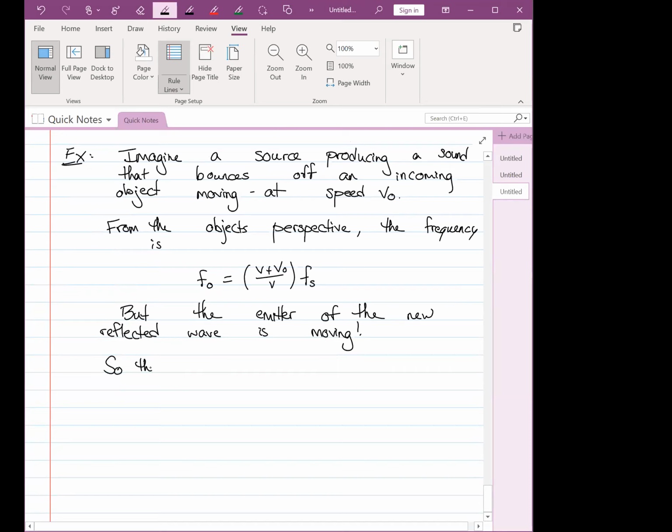So the original source, now playing the role of the receiver, will observe a different frequency.